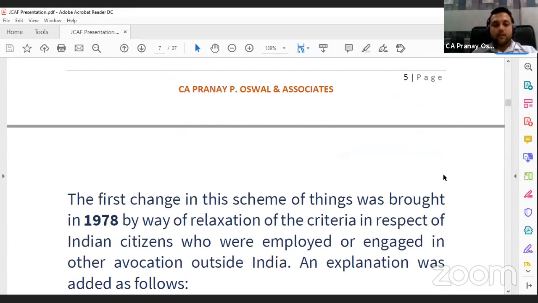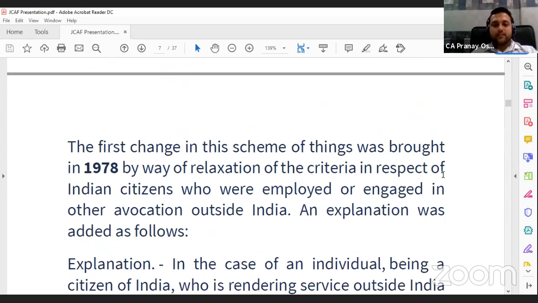Then came the first change in the scheme of things, brought in 1978. It was by way of relaxation in respect of Indian citizens who were employed or engaged in other vocation outside India. A certain explanation was added for those people.